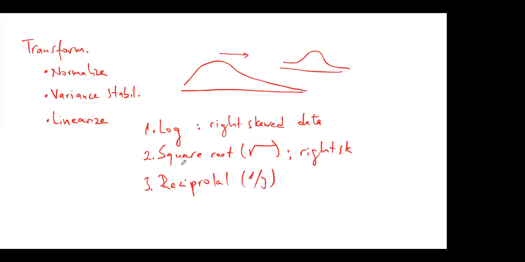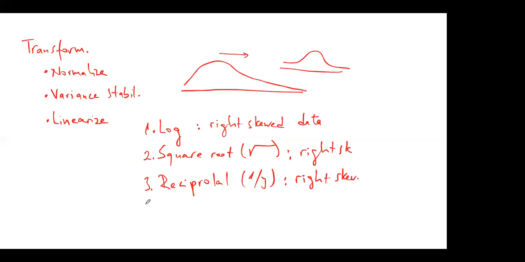And as with log or square root or reciprocal, all these three transformations will do what? They will make the values smaller. If the value becomes smaller, it is useful for right skewed data.